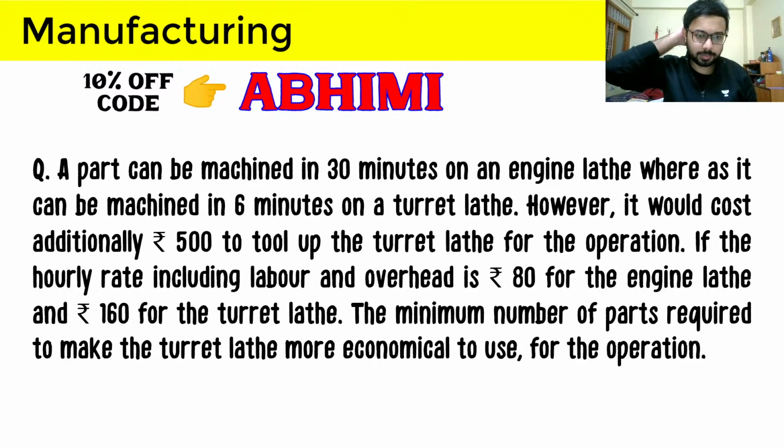So in this question we have a very simple one, so let's discuss that. A part can be machined in 30 minutes on an engine lathe, whereas it can be machined in 6 minutes on a turret lathe. So we have an engine lathe and a turret lathe, and the part can be machined faster in a turret lathe, which is 6 minutes, and 30 minutes is being taken to machine that part on an engine lathe.